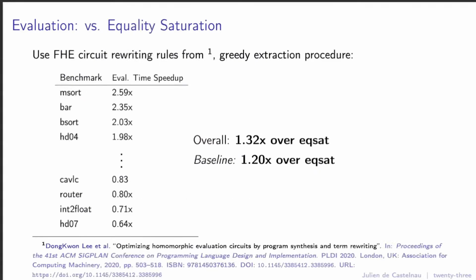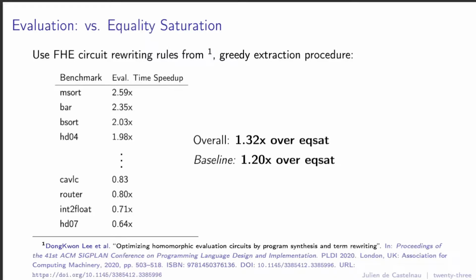Finally, we also test cut tracing versus normal equality saturation. For this experiment, we use the synthesized FHE circuit rewrite rules, which I mentioned prior, with the greedy extraction method we also highlighted earlier. The full benchmark suite is not shown here, but we can see that not only does cut tracing provide a 30% overall improvement compared to equality saturation, with, in the best case, a 2x improvement, but even the baseline of simply combining ESOP balancing and cut rewriting also provides a 20% improvement.